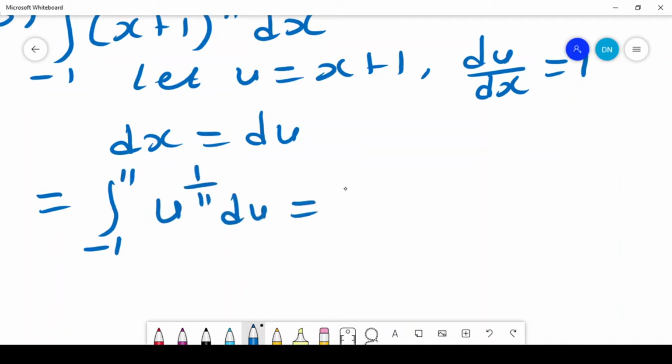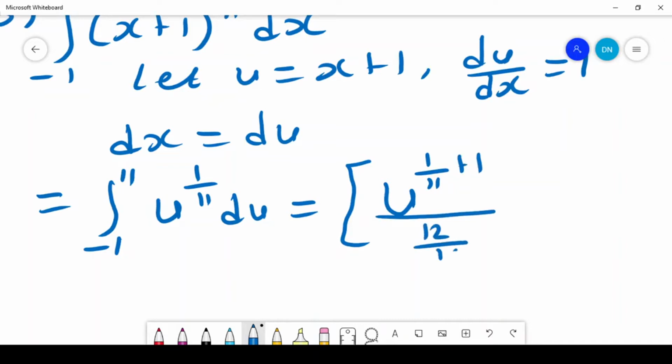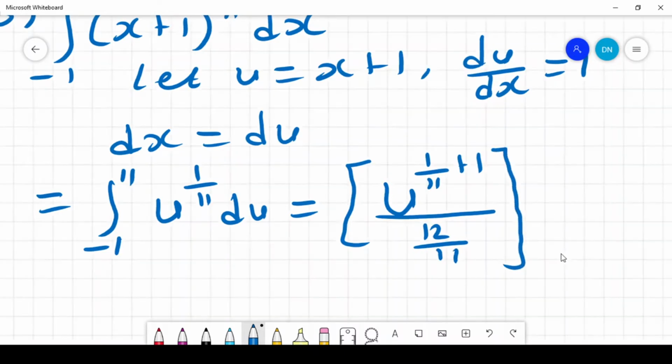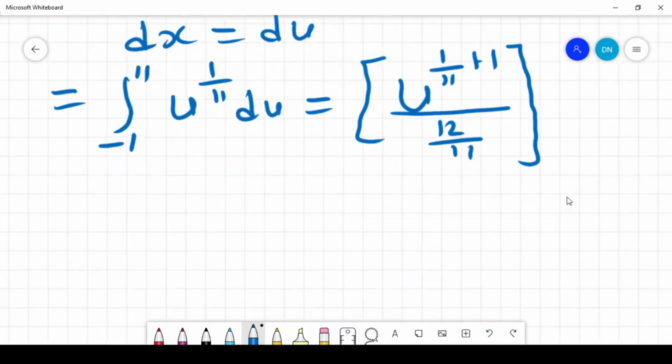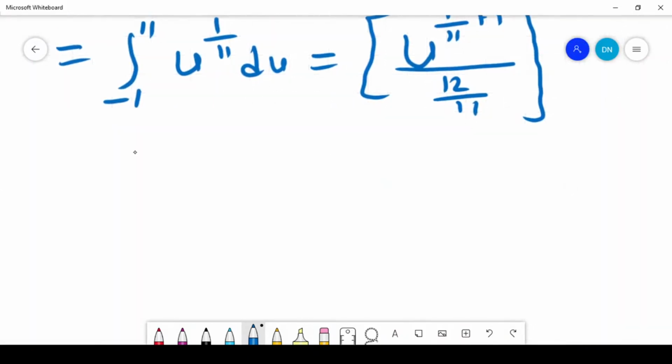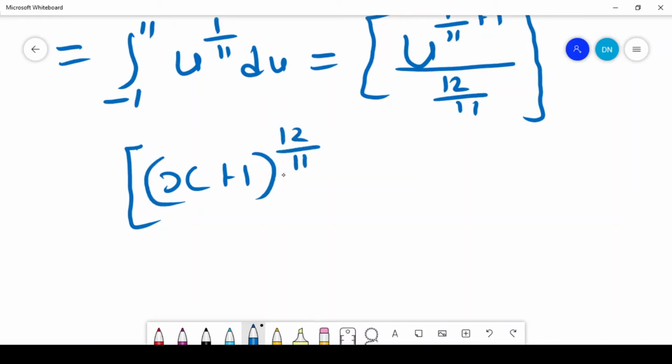What do you do to the powers? You increase the power by 1, so it will be 1 over 11 plus 1, which is 12 over 11. And that's what we get from that. Because our integral was originally in terms of x, I'll have x plus 1 raised to the power 12 over 11.